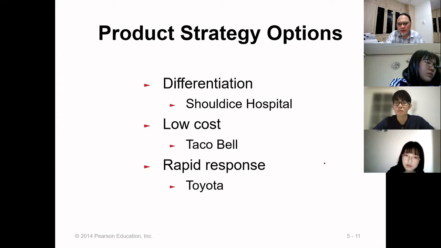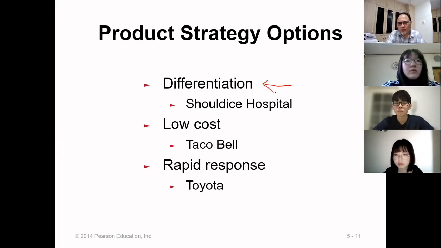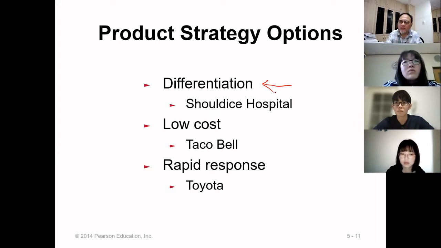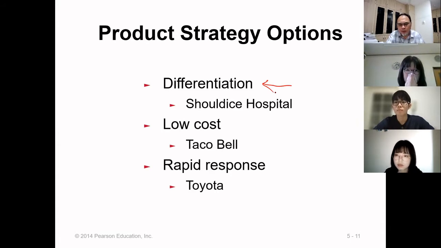These are the common product strategy options that companies pursue. You have heard of this before, right? In strategic management, you will see that these are common strategies. Whether the product is going to use a differentiation strategy. Differentiation means I am unique from the other products in terms of, for example, my quality is excellent, and I don't have any complaints from the customers.